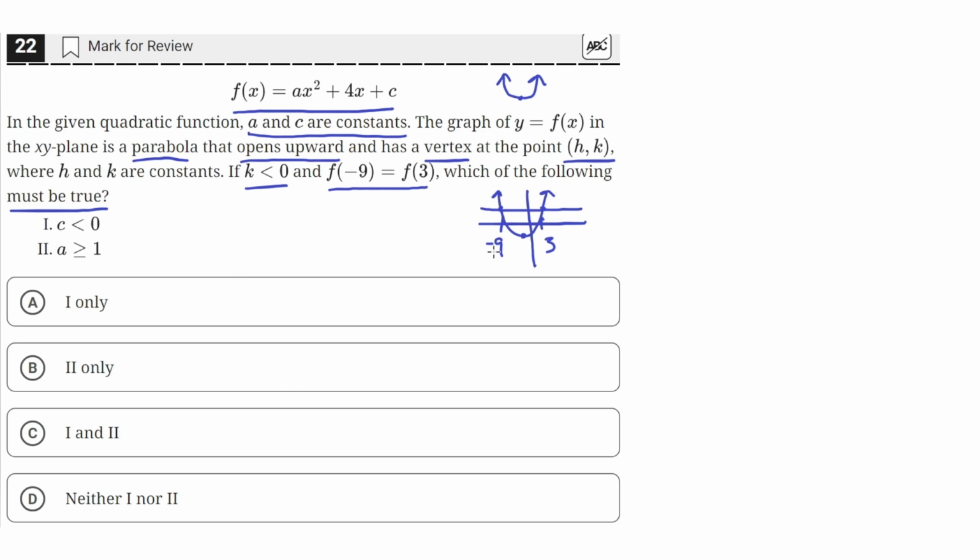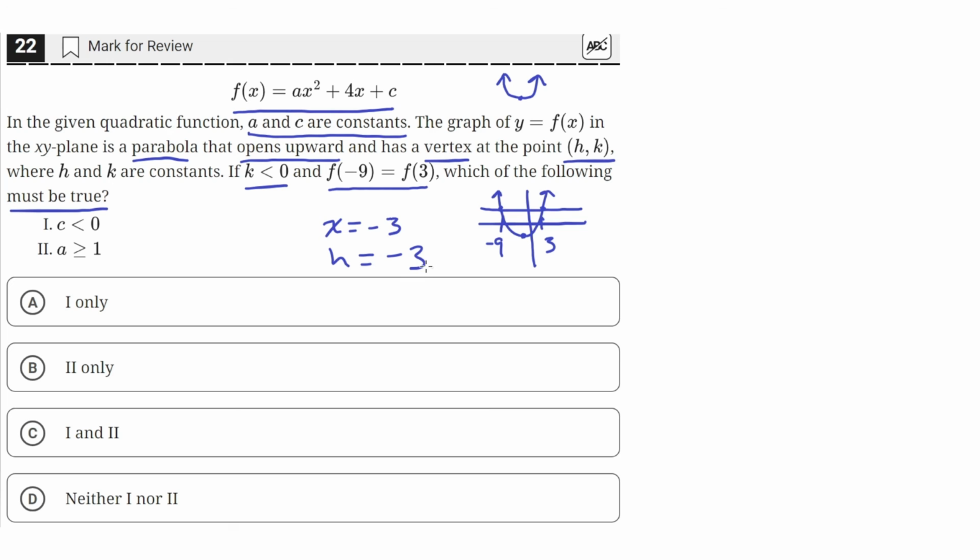And the value that is in between negative 9 and 3 is negative 3. So that means the vertex of this graph is at an x value of negative 3. And h is equal to the x-coordinate of the vertex. That means h is equal to negative 3.